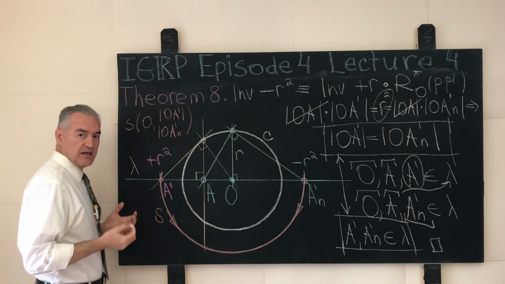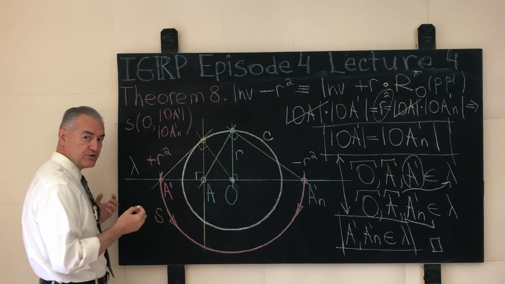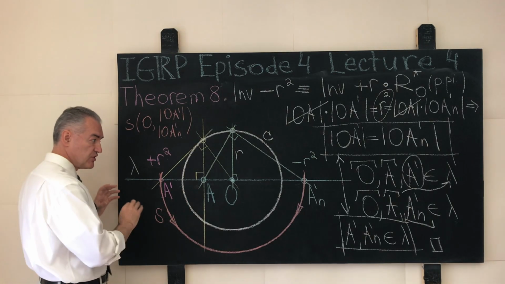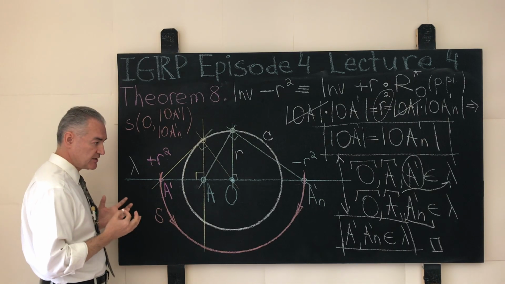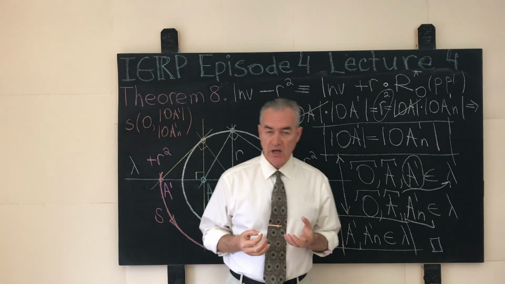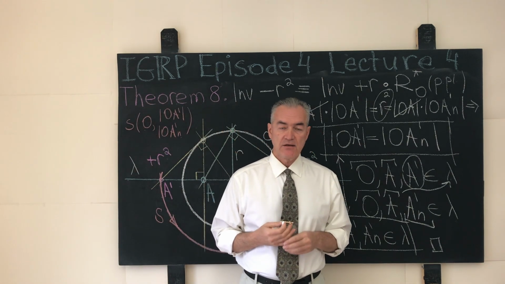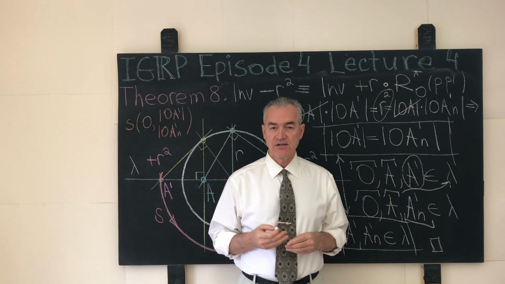And that is the sense in which the positive and negative powers of the inversion of the plane, when everything else is fixed, are equivalent. That is the meaning of equivalence, and we can use this theorem as both a theoretical fact and as a tactical device in the upcoming problems and theorems.